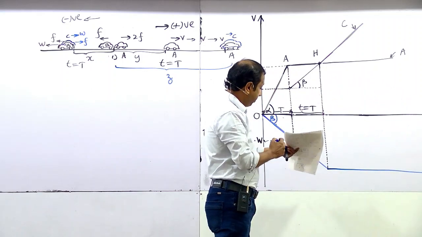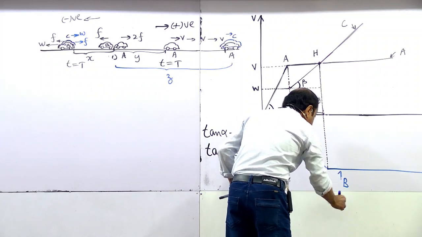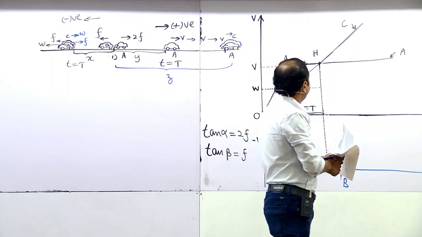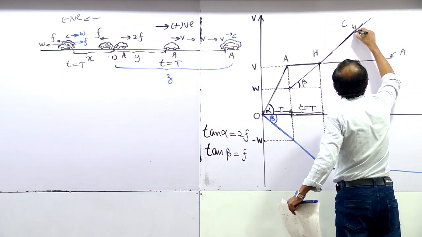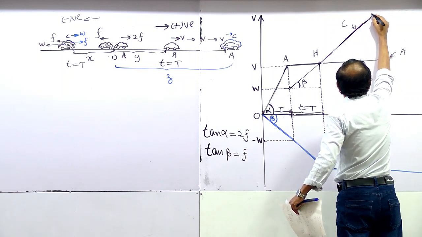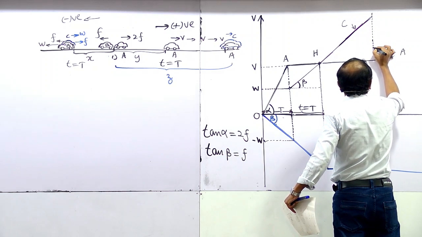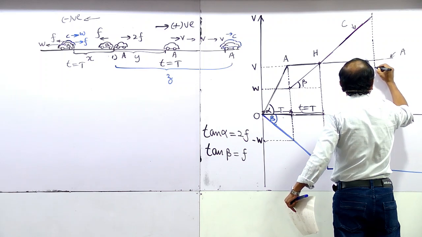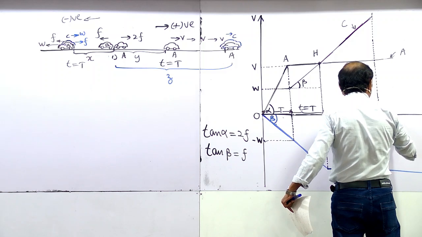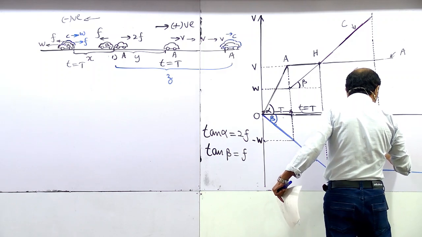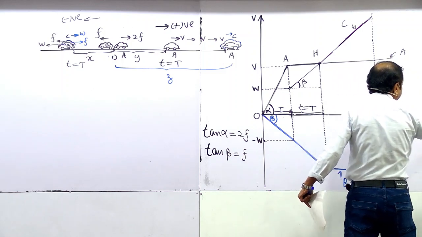This is the motion of car B. I'll take this as our moment, the car C overtakes the car A. Up to that moment only we are asked to find the VT graph. Now we have completed drawing the VT graph.